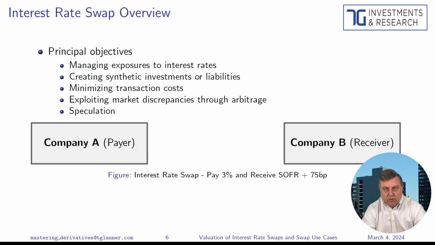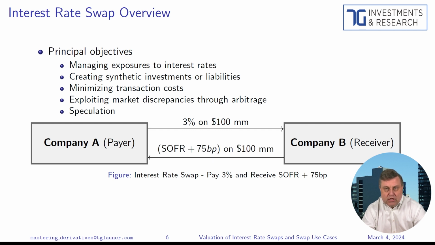Consider this example. Company A and Company B enter into a contract where Company A, the payer, agrees to pay 3% fixed on $100 million periodically, while Company B receives this 3%. In return, Company B pays SOFR plus 75 basis points to Company A. This arrangement is not at the money.